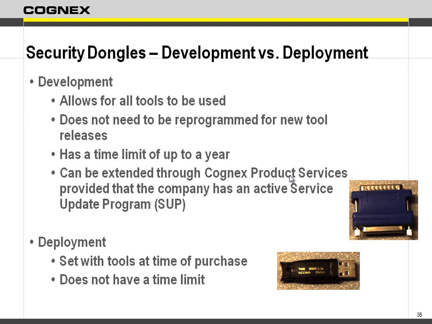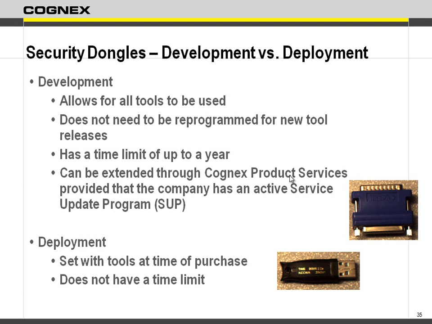What happens with that one is, if you set that one up and all of a sudden OCR Max comes out and you want OCR Max on your customer's PC, you need to go buy the tool for OCR Max. They can still upgrade it in the field, but they're going to ask for the charge for the OCR Max tool, give you an upgrade to that dongle, and now that particular dongle will be able to run OCR Max.